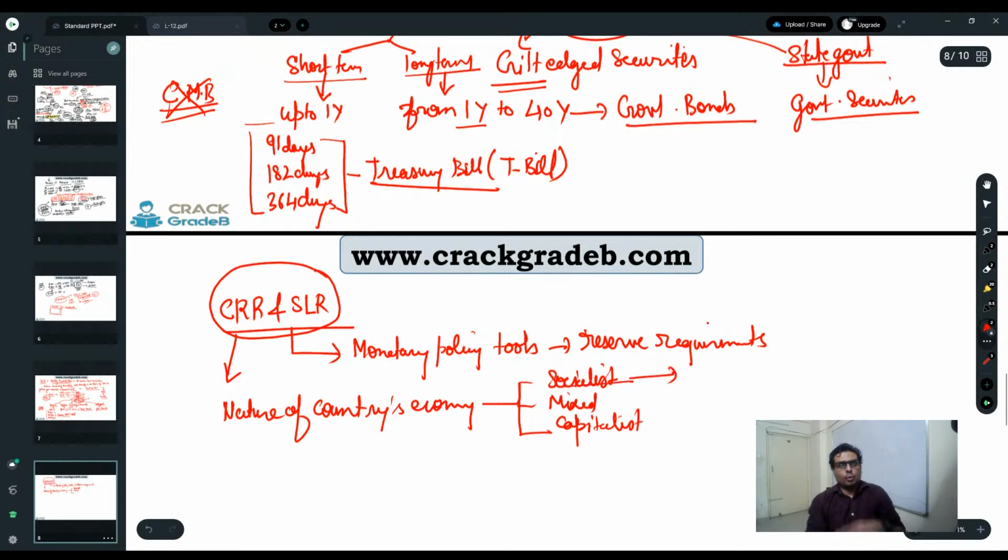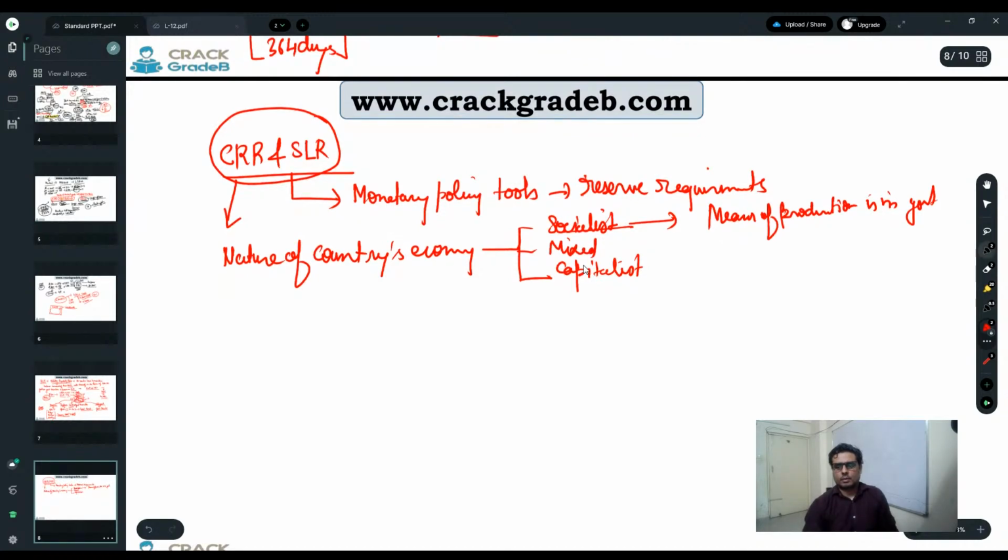Socialist means most means of production are in government control. Mixed means private plus government, right?